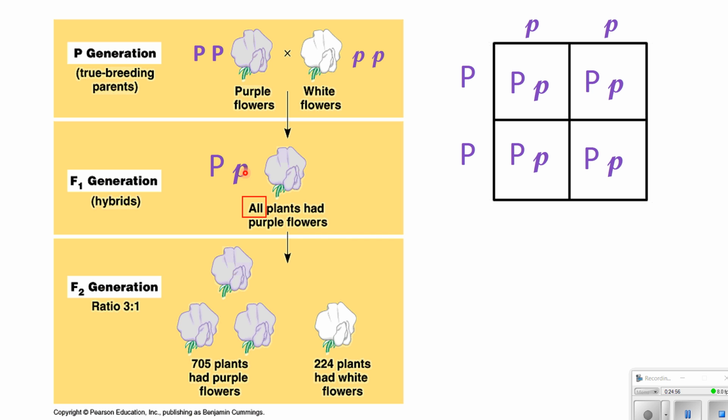Even though this plant has a white gene, it does not show the white color. Purple apparently is dominant and white is recessive. That's why we show white as a lowercase letter, and we show the dominant allele for purple as a capital letter.